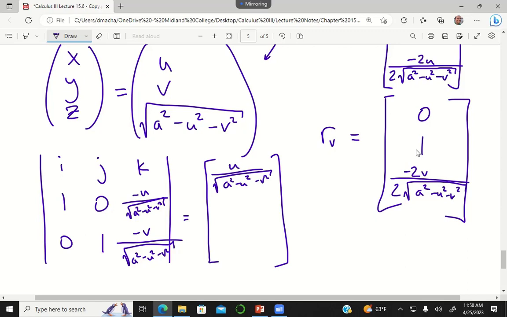The second component, the j component, is going to be negative 1 times negative v over all that junk minus 0, so v over square root of all the junk. And then the k component is going to be 1 minus 0. Okay, so that is the cross product vector that shows up in the integrand.